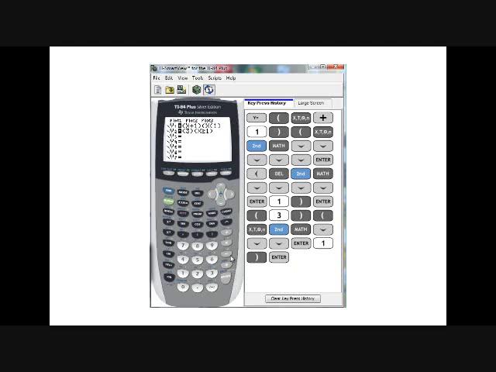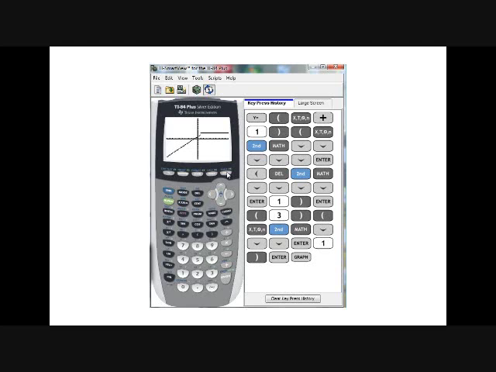Okay, ready? And now graph. Okay, you see the graph of the piecewise function. The only disadvantage of the graphic calculator is that you don't see when the circle is full or when the circle is empty. But this is at least good for checking.